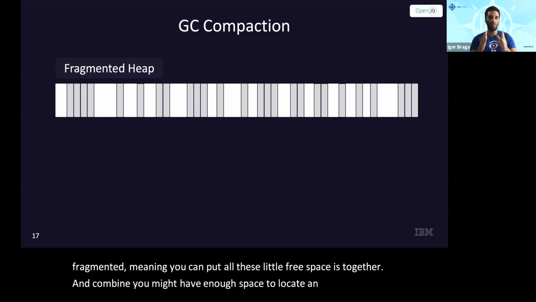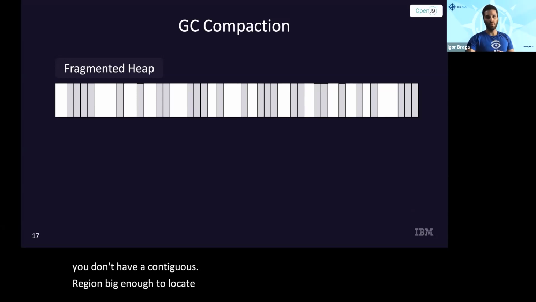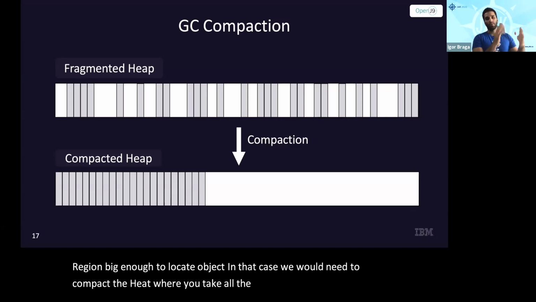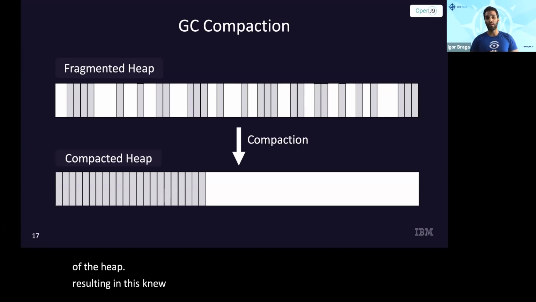However, you don't have a contiguous region big enough to allocate that object. In that case, we would need to compact the heap, where you take all the live objects and put them into an area of the heap, resulting in a new huge free space where we can start allocating objects again.